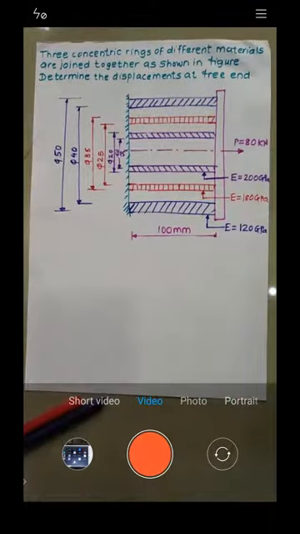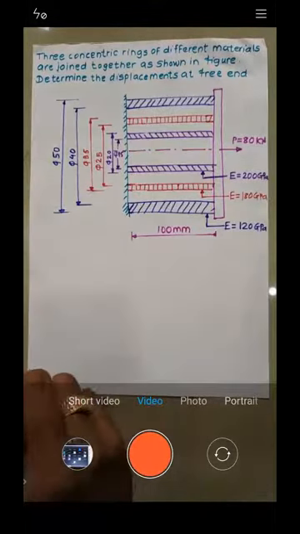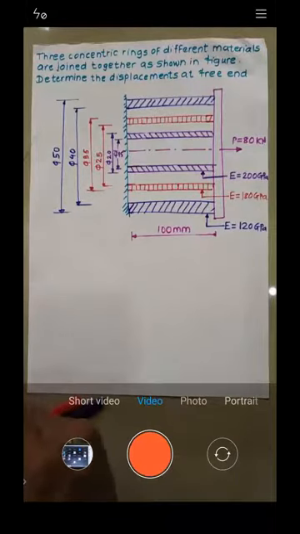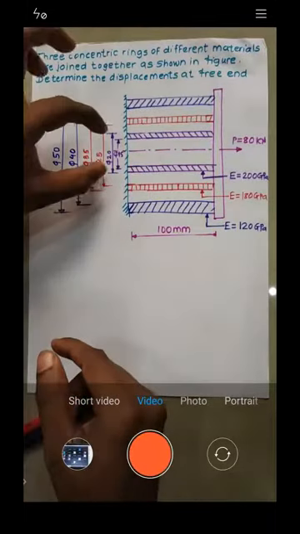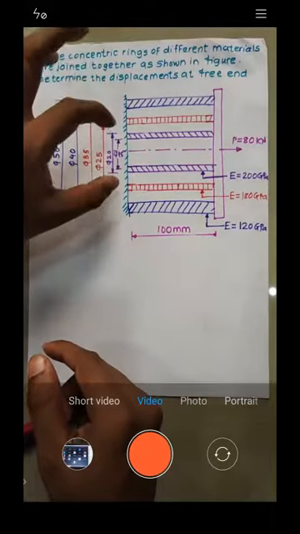So the very basic step in FEA is discretization. We need to discretize it. There are certain criteria for discretization. First criteria is change in cross section. Each ring has a different cross section because the inner and outer diameters are different.